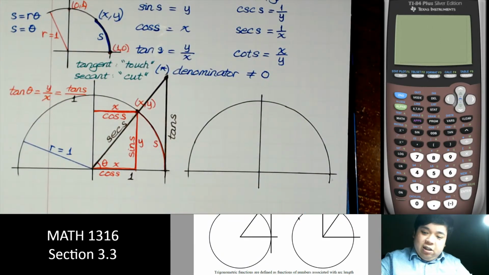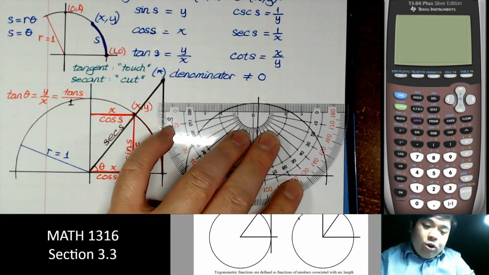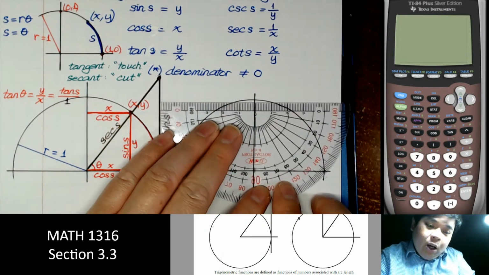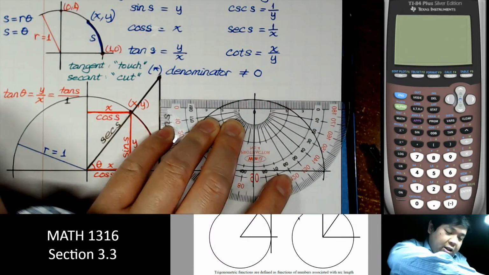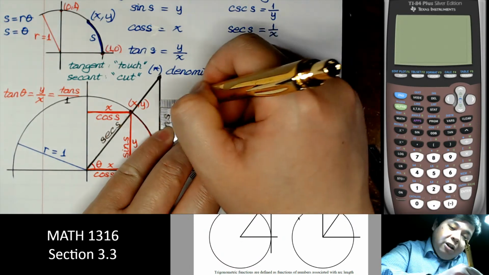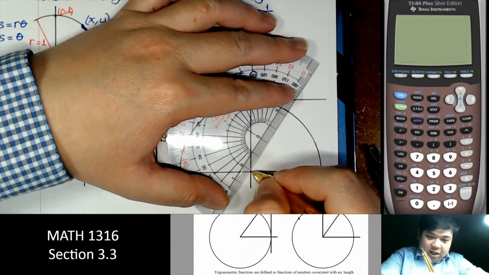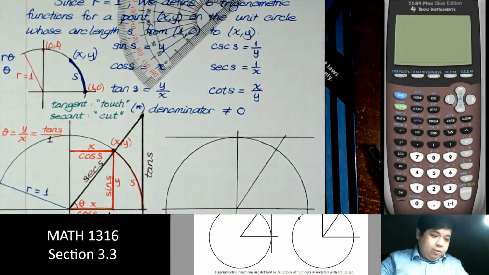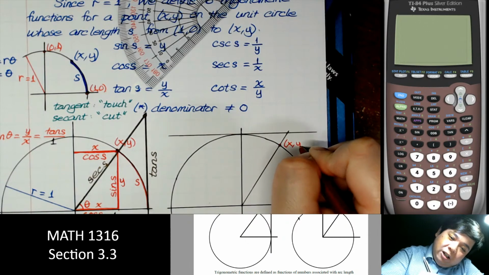Now similarly, we define cotangent and cosecant, but this time we draw the tangent line here, and the secant line, and the line still cuts like this. Once again, x, y.